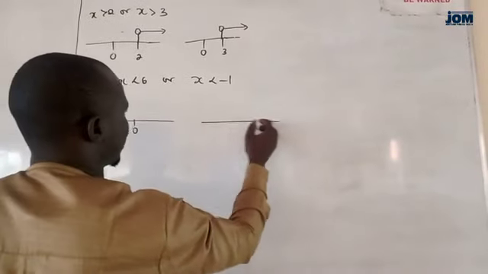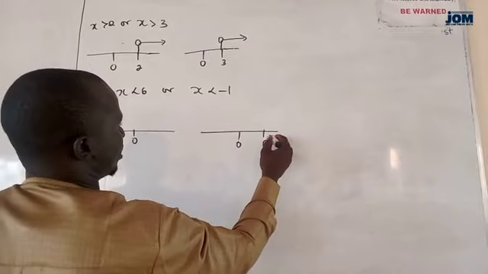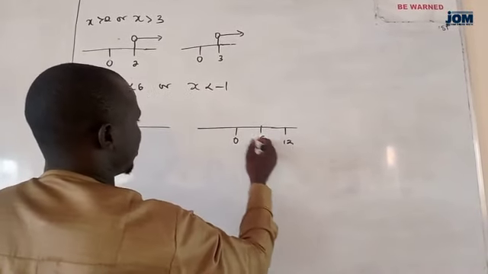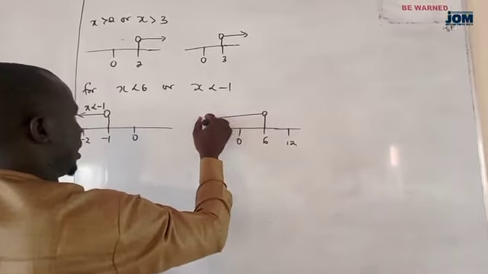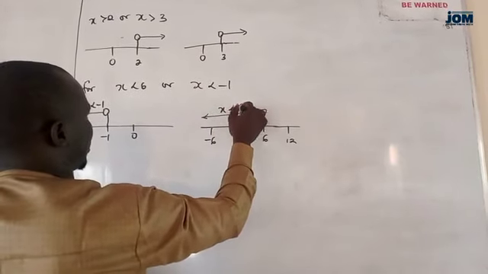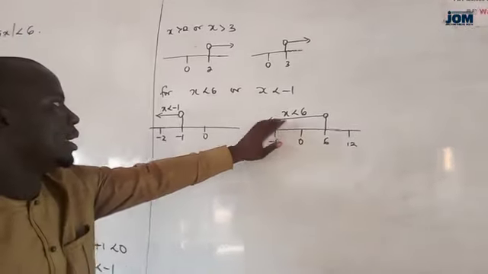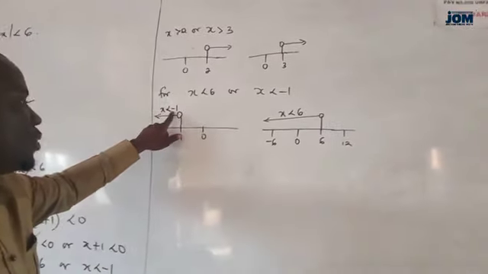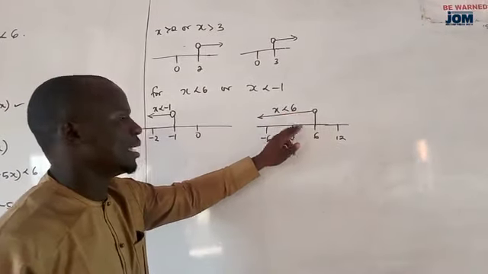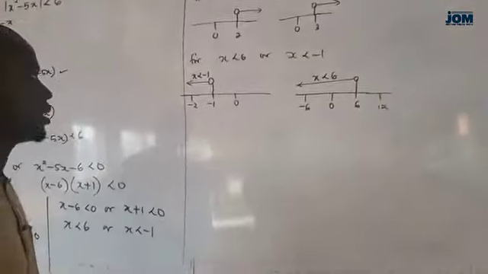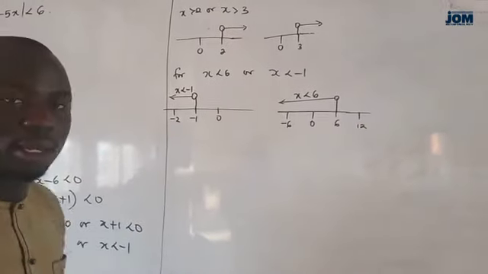And for x, this is 6, this is minus 6. Again, x less than 6. So look at this and look at this. Whatever value of x you put here, it can satisfy this equation. Whatever value of x you put here that is less than 6, it can also satisfy this equation. I think we have solved the problem.